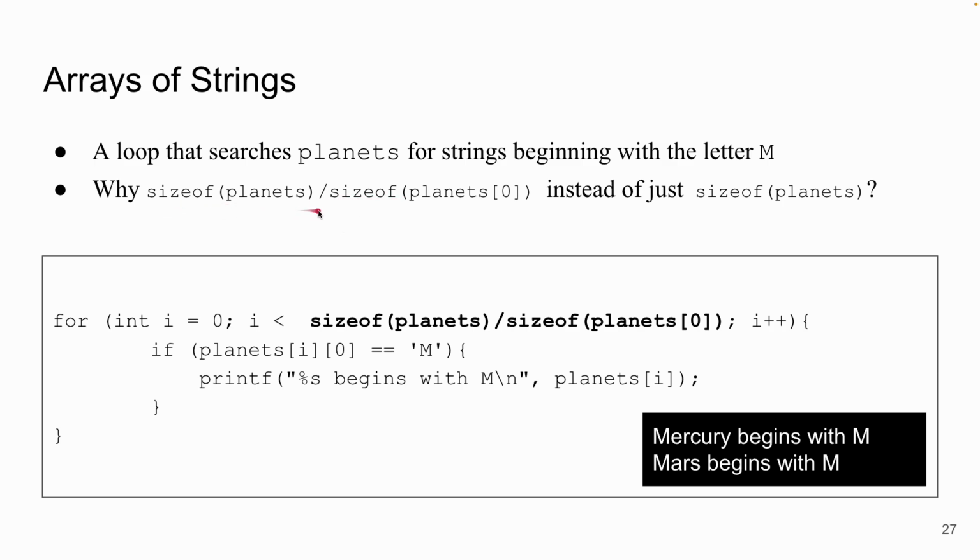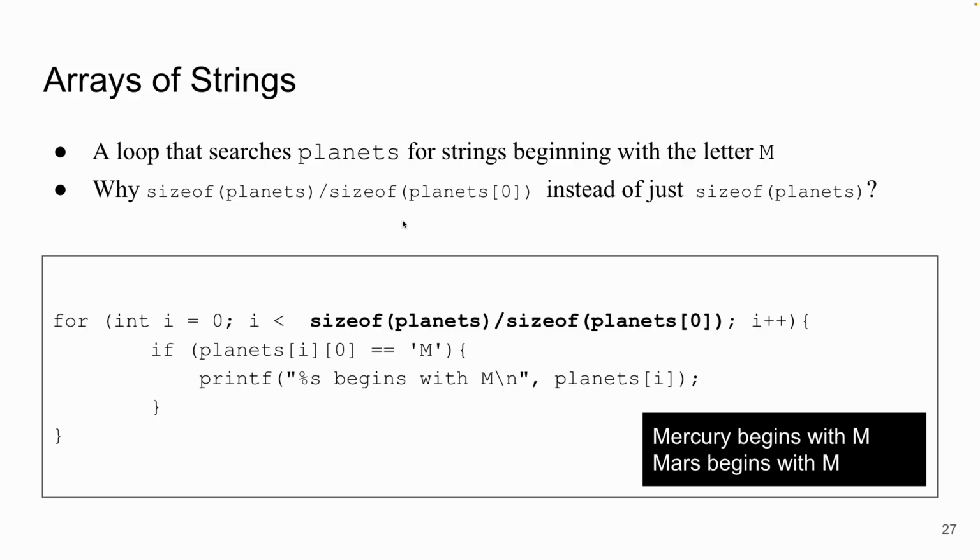So sizeof(planet) divided by sizeof(planet[0]) helps us know how many elements planet has, right? Because I divide by the size of each element. What I calculate here is the entire size of planet.